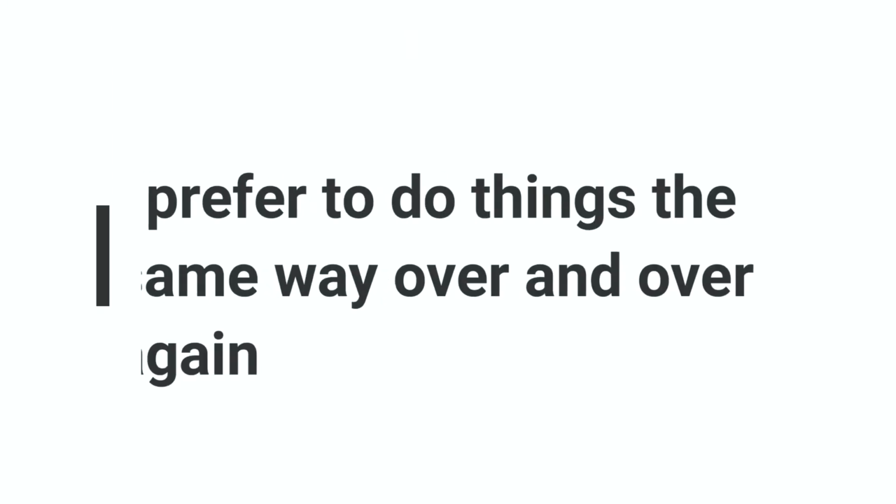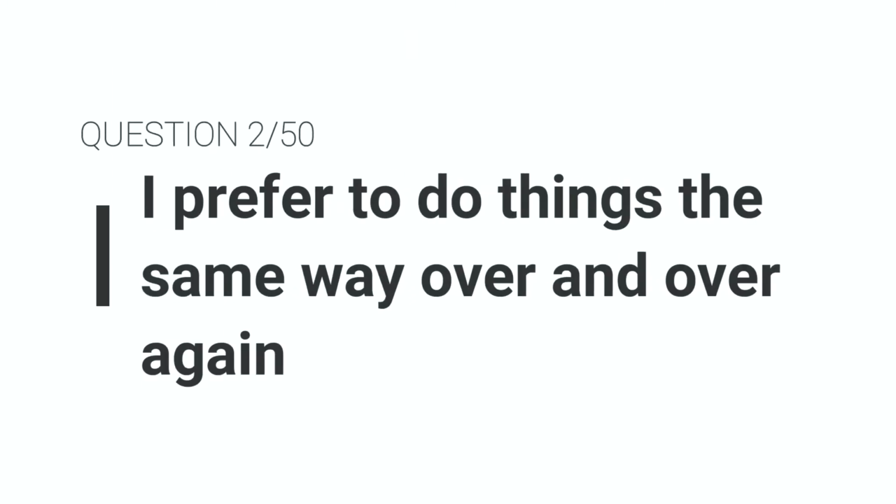Okay, so question number 2 is, I prefer to do things the same way over and over again. It depends what this actually means, because there's some things that I do like to do over and over again, the same kind of way. Like going to work or maybe coming back. Not always, but mostly the same.